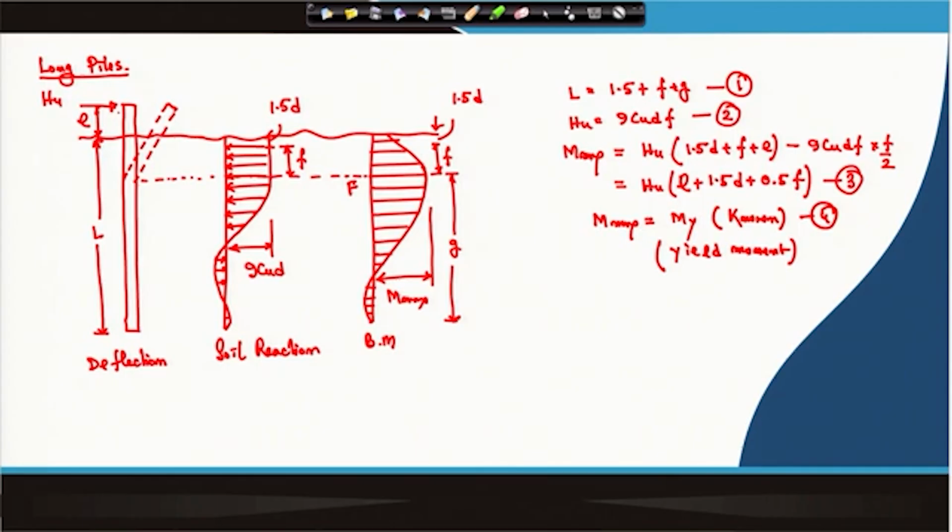Based on these equations, charts are already developed. So we can directly use those charts, and then we can design or calculate the ultimate lateral load carrying capacity of the laterally loaded pile. Thank you.